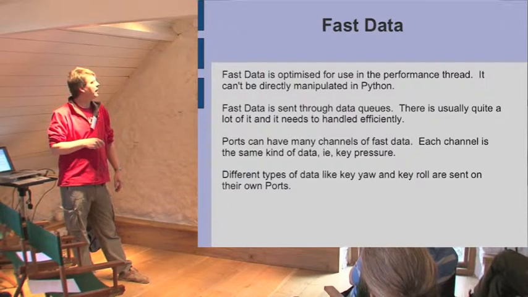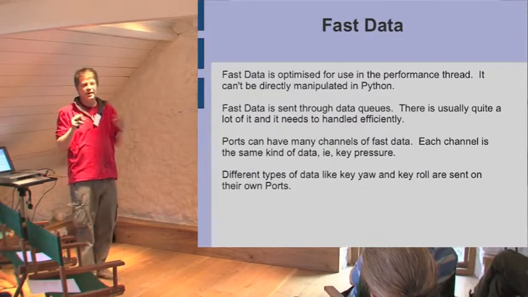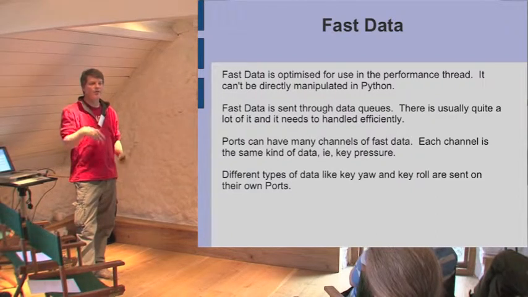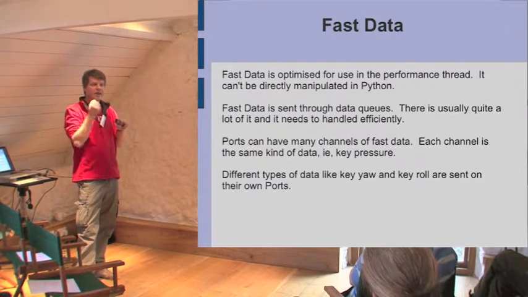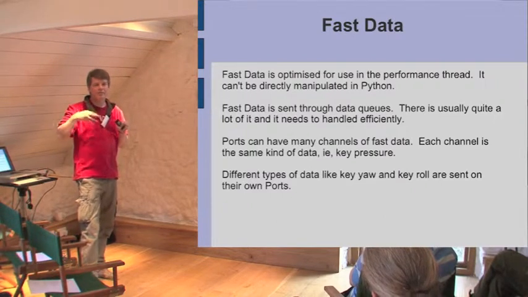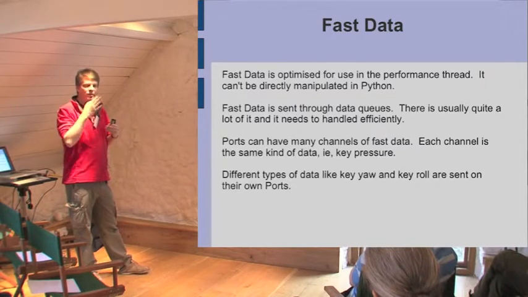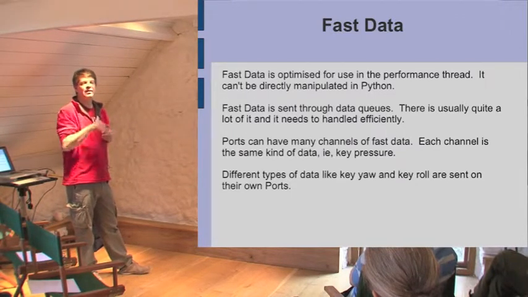So the fundamental thing is actually a data queue, which is a ring buffer of a fixed size, and we generally pass ring buffers around. So if I'm a keyboard, when I hit a key, it creates a new ring buffer for this event. The ring buffer gets sent downstream through all the connections, and then as data comes in, 2,000 times a second, I'm putting it into the ring buffers.